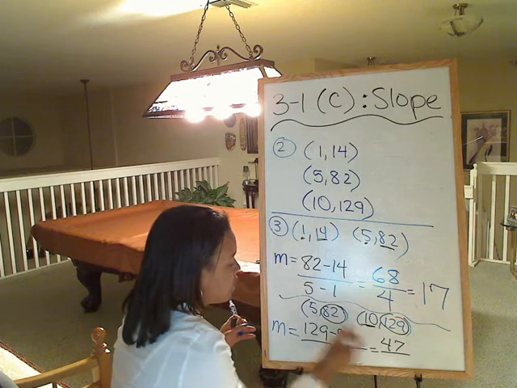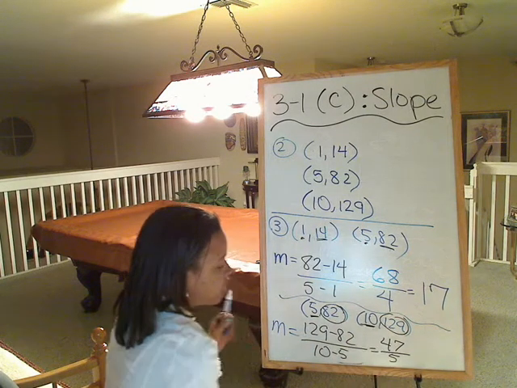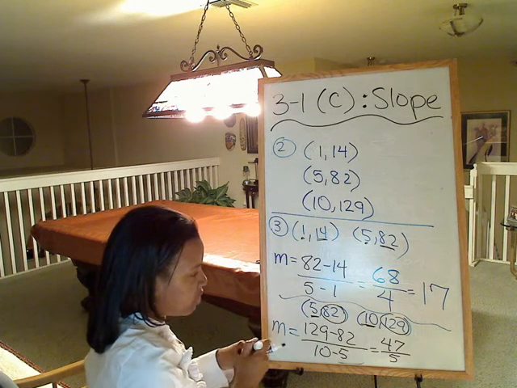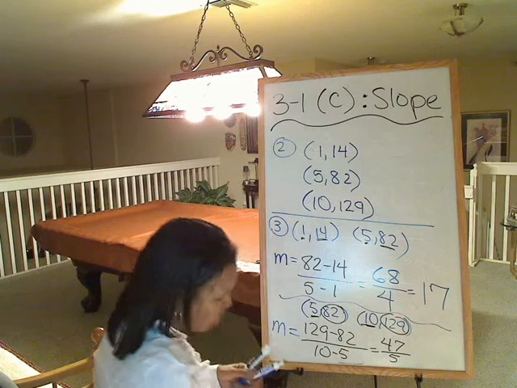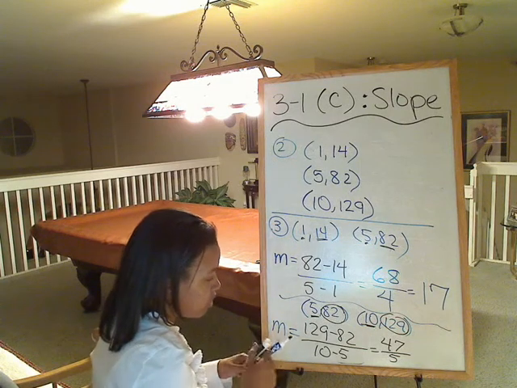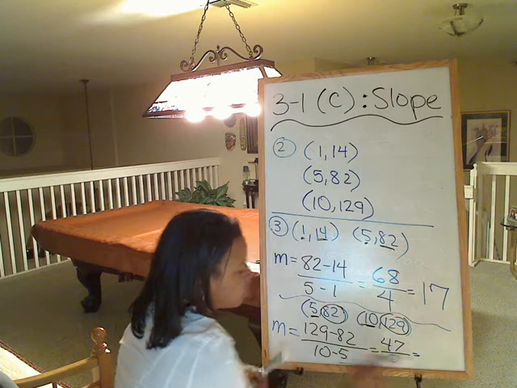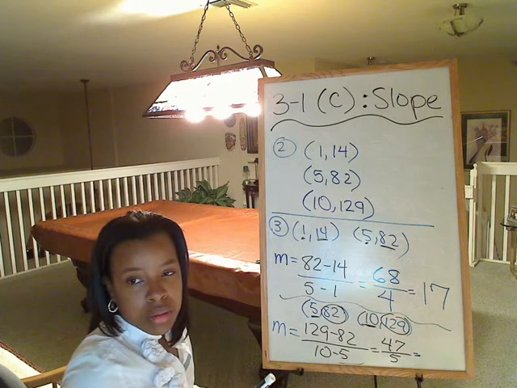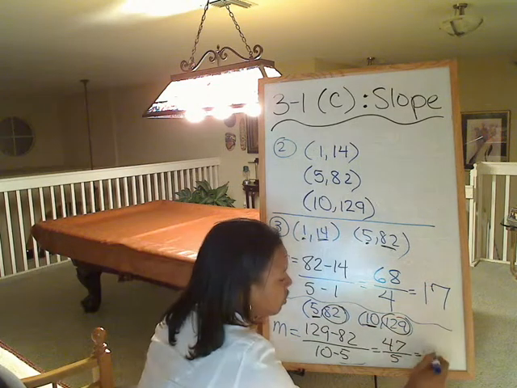Then I'm going to do 10 minus 5, and that's going to give me 5. And that cannot be simplified anymore. So 47 over 5, that's the best you're going to get. If you want to change it to a whole number, 47 over 5 would be 9.4.